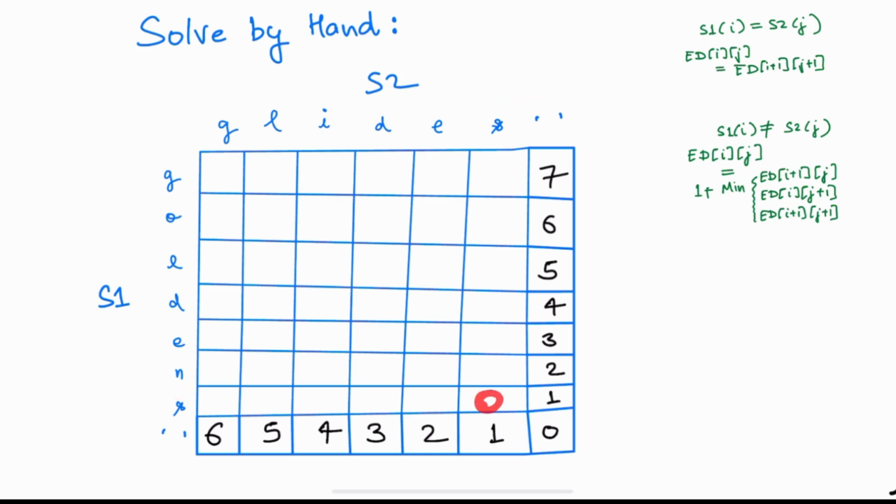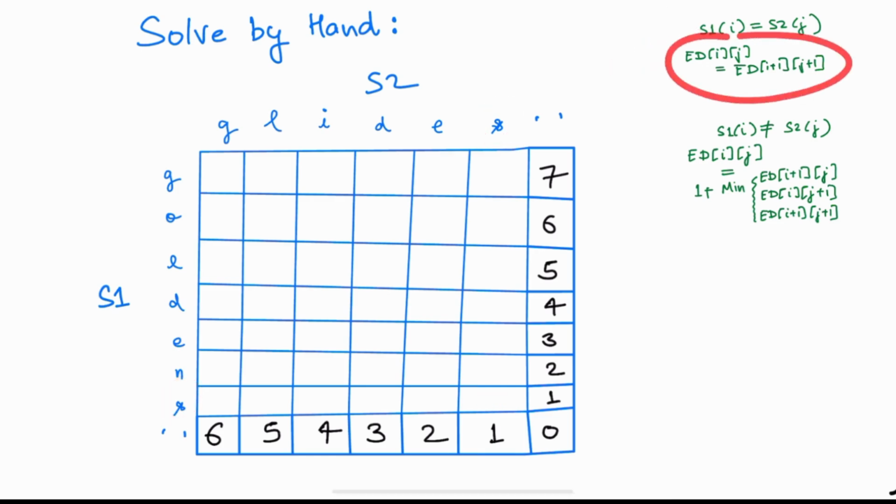Now for i, j, basically i is this and j is this. Let's first see which is the case. Is it this one or this one? Now you can see that the characters match here, and therefore it's this case.